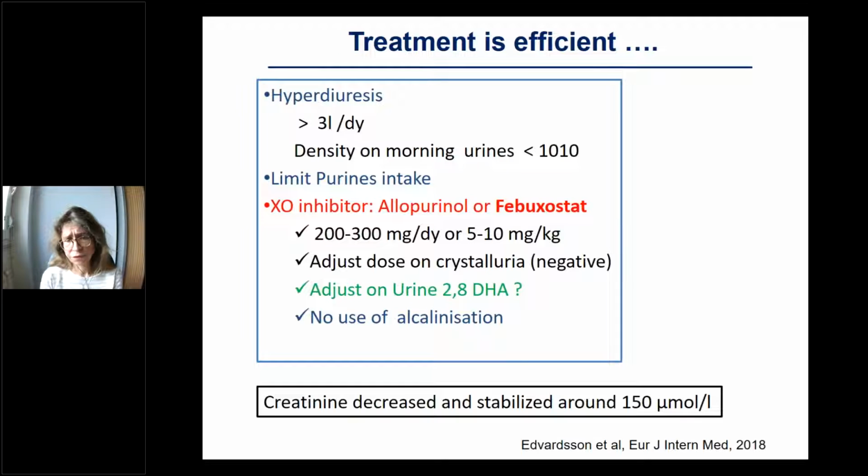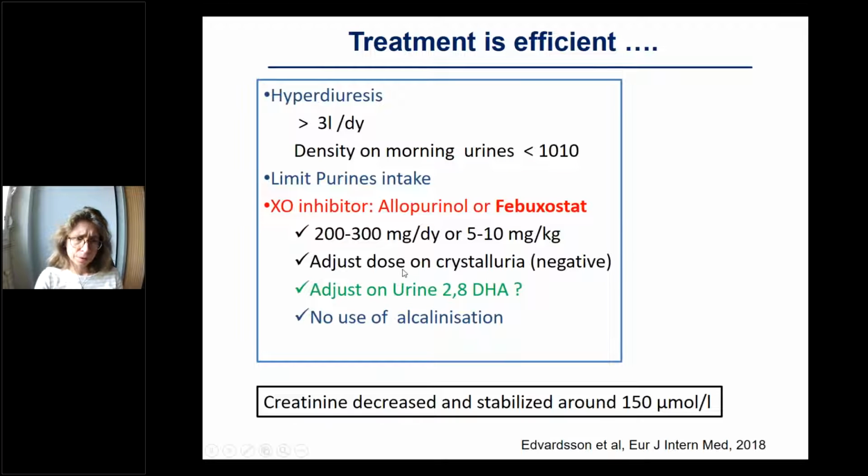Of course, if you have 2,8-DHA measurement available, you could adjust on that. And alkalinization is not useful in this kind of disease. Alkalinization is very useful in cystinuria, in uric acid crystal disease, but it's not useful in this disease.